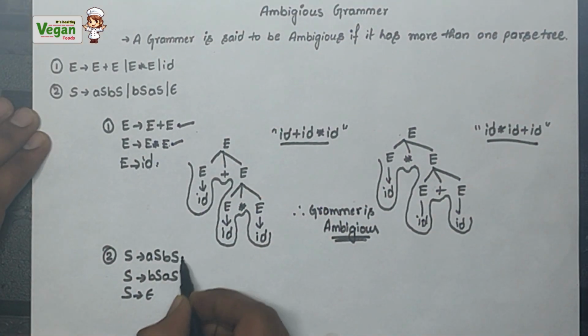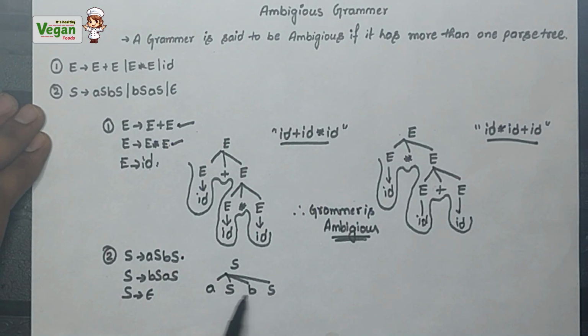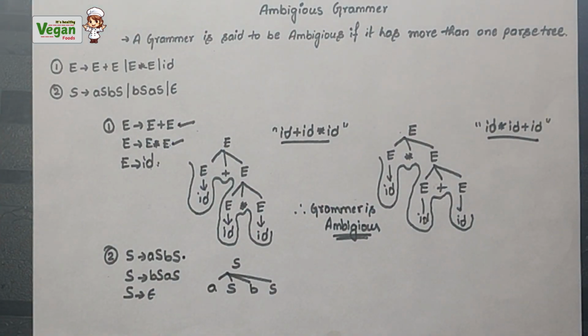First I will use ASBS. If you see, S is the capital letter. You are only allowed to expand the capital letters. Here small a is there, small b is there. You are not allowed to expand small letters.